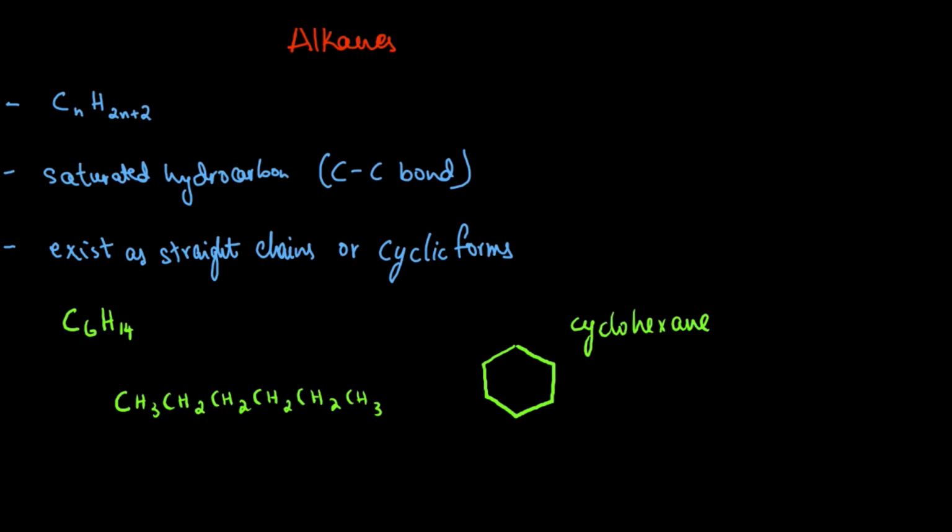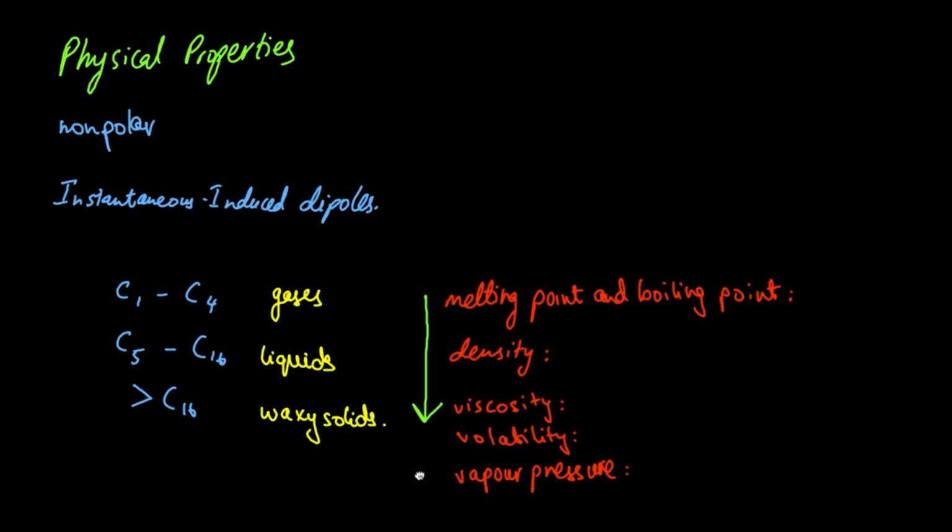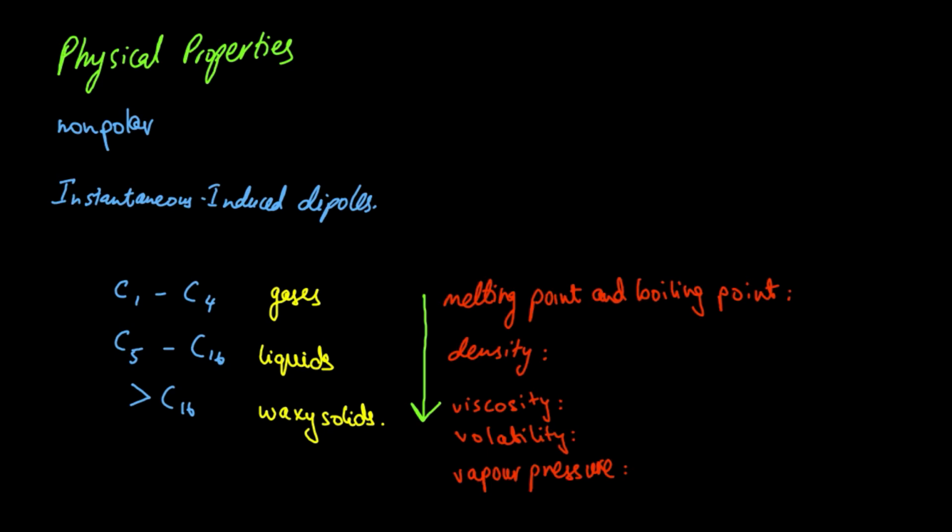Now moving on to the physical properties of alkanes. What exactly are the physical properties? Let's go over those. Physical properties of alkanes cover the fact that they are non-polar. That is a very important point. They are non-polar. Why? Because they do not contain any dipole moment, and there is no measurement of polarity in this, in the sense that there is no overall dipole.